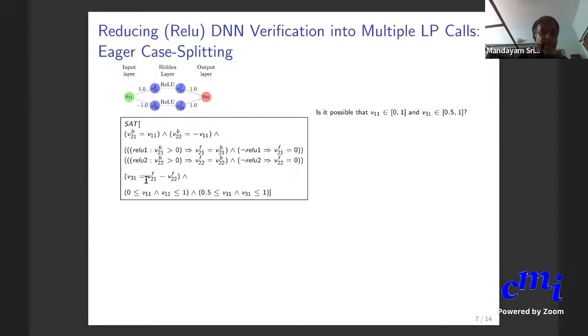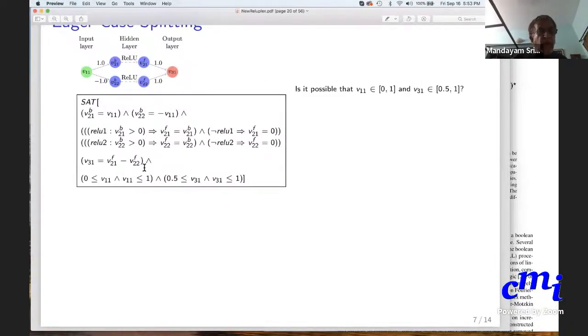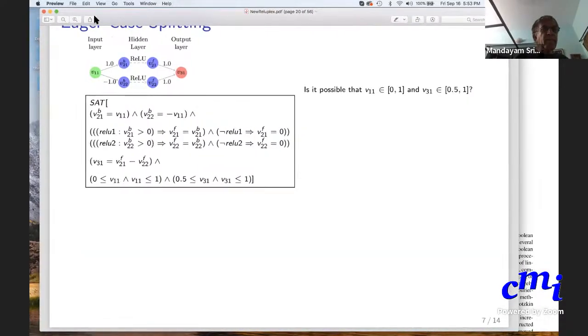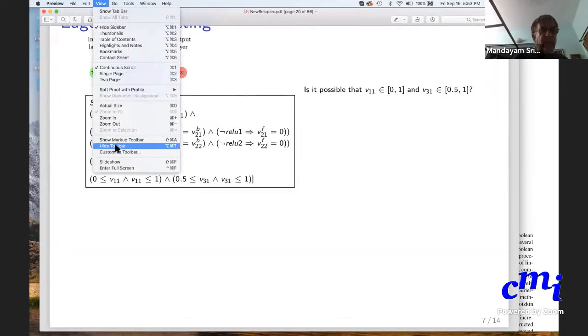And then similarly, V31 takes the value of the forward ReLU nodes and expresses the value of V31 in terms of those two things. Which in this case is that -1? This should be plus. I'm sorry, there's a mistake here. So that should be a plus.